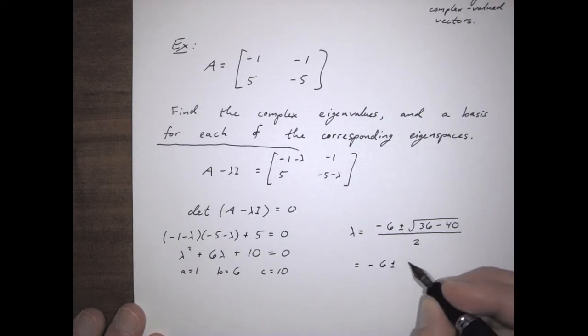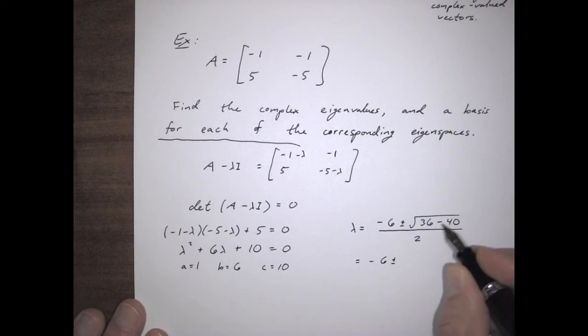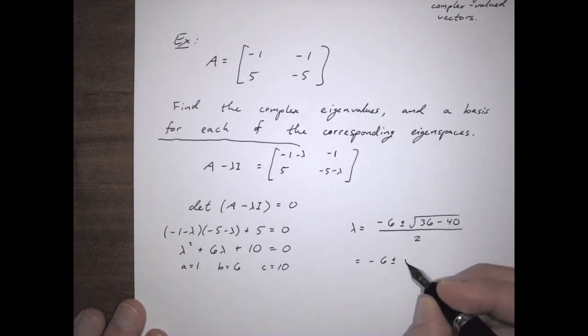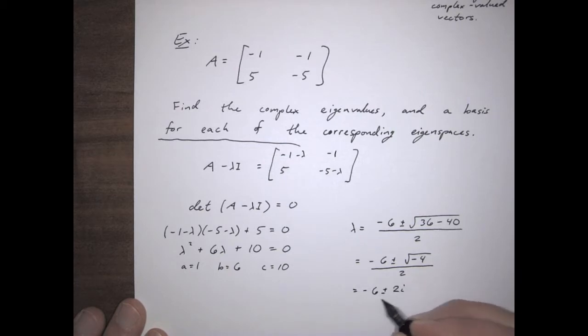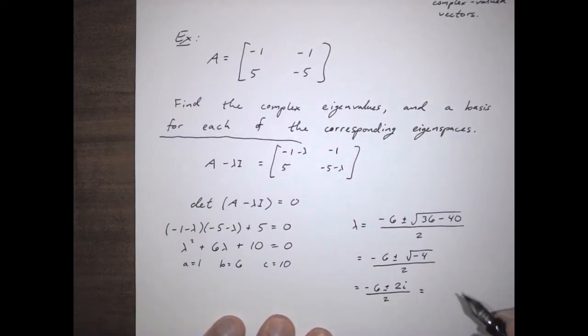So negative 6 plus or minus the square root of negative 4, over 2. It's going to be negative 6 plus or minus 2i, divided by 2. Which is going to be, then I can divide both of these by 2, negative 3 plus or minus i.